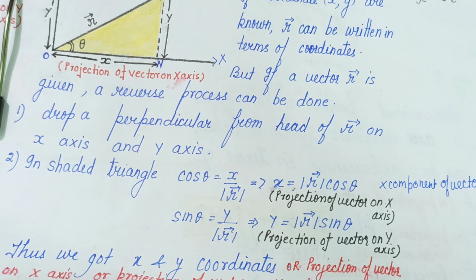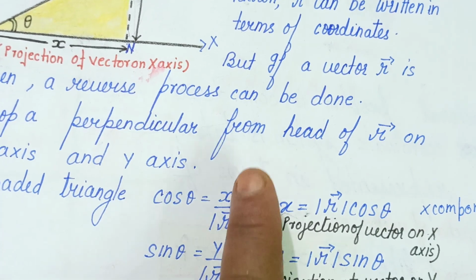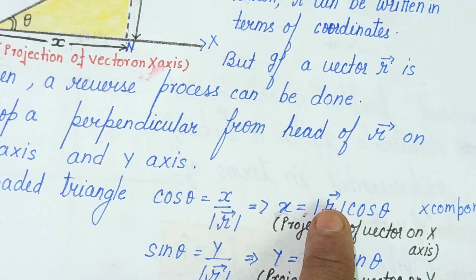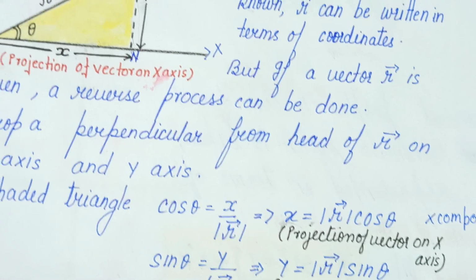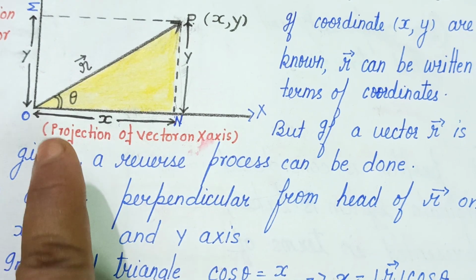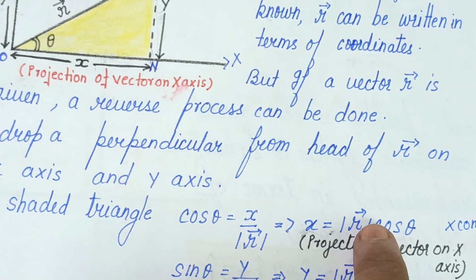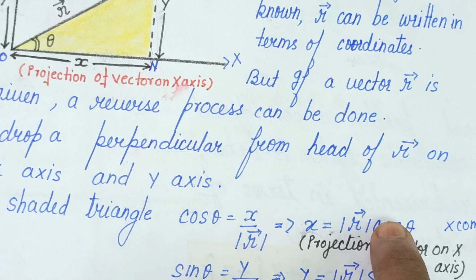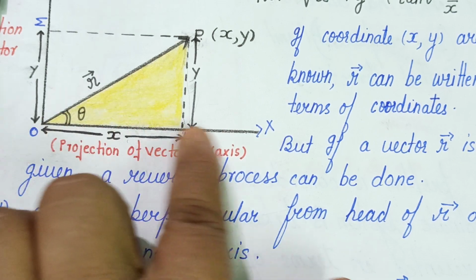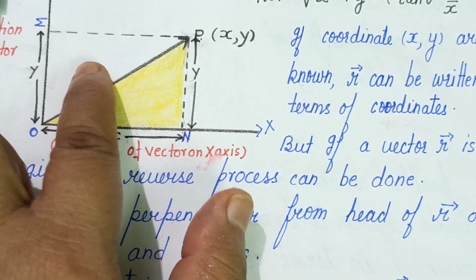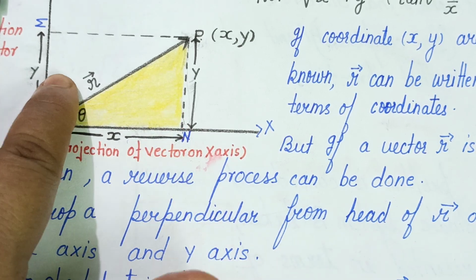so this x, which is also known as x component of vector, is actually the magnitude of the vector times cos theta. Now here the thing which we have to remember is that the cos component of the vector is that component which is making angle theta with the vector.